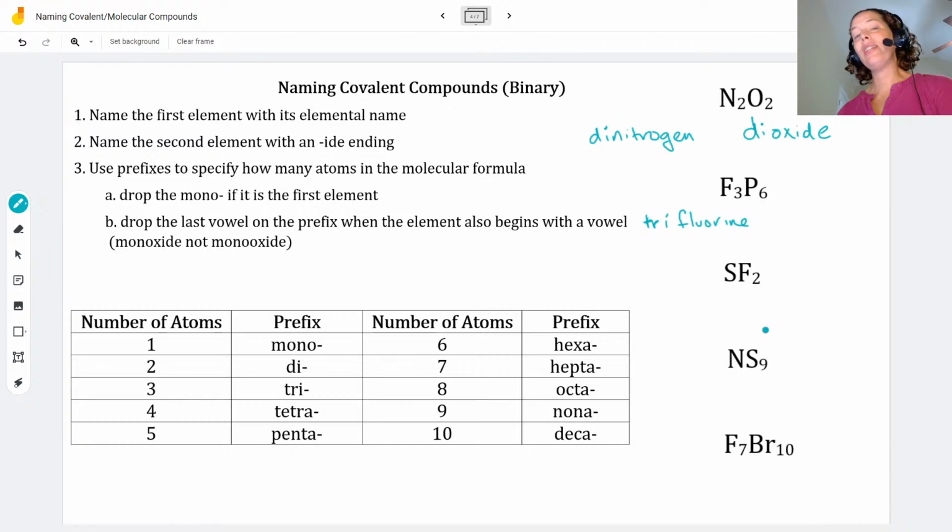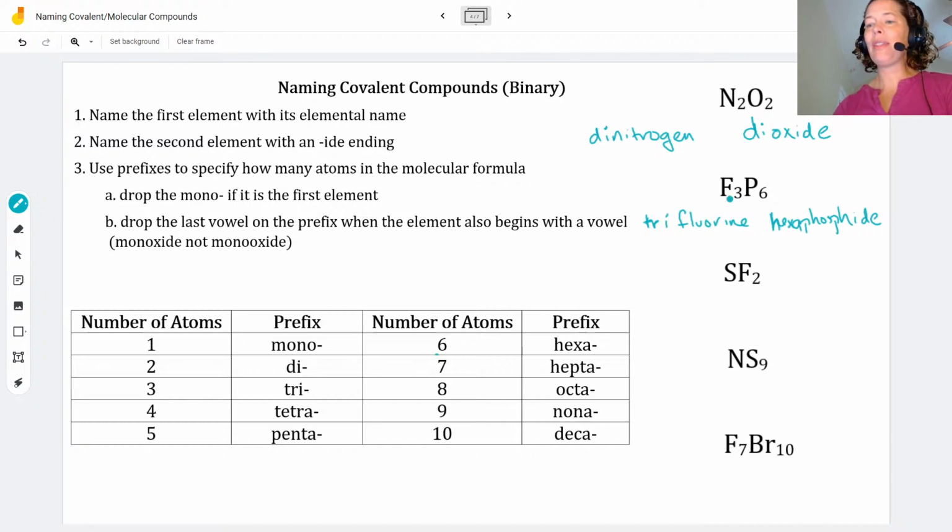I need to change the ending to IDE, so that is phosphide. How many do I have? I have 6, so going to my table, the prefix for 6 is hexa. Sorry, that is a little bit smashed. That is hexa. So this is trifluorine hexaphosphide.